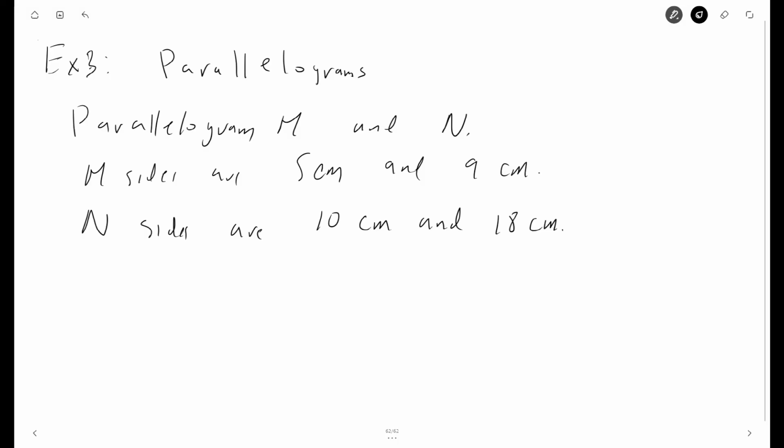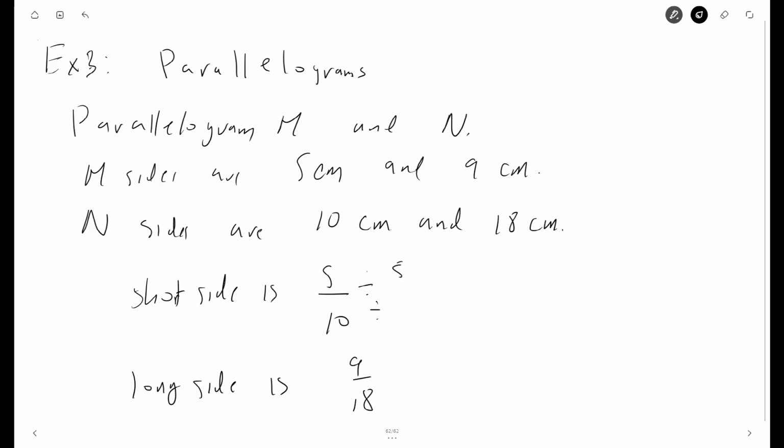Okay, so let's compare side by side. 5 and 10, the shorter side. We're going to do short side, it's 5 over 10. And the long side is 9 over 18. So let's divide top and bottom by 5. 5 over 5 is 1, 10 over 5 is 2.